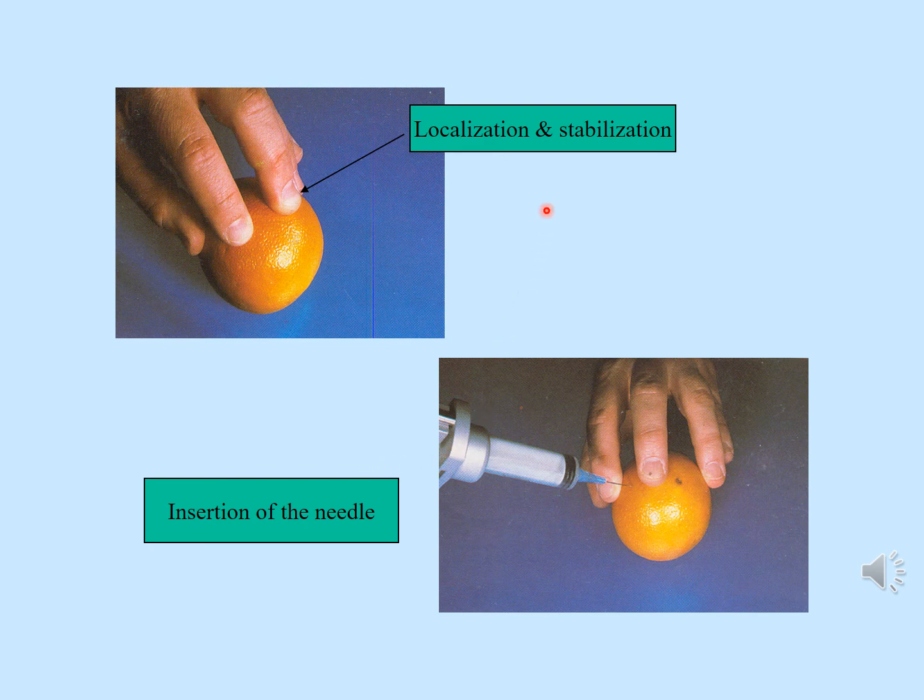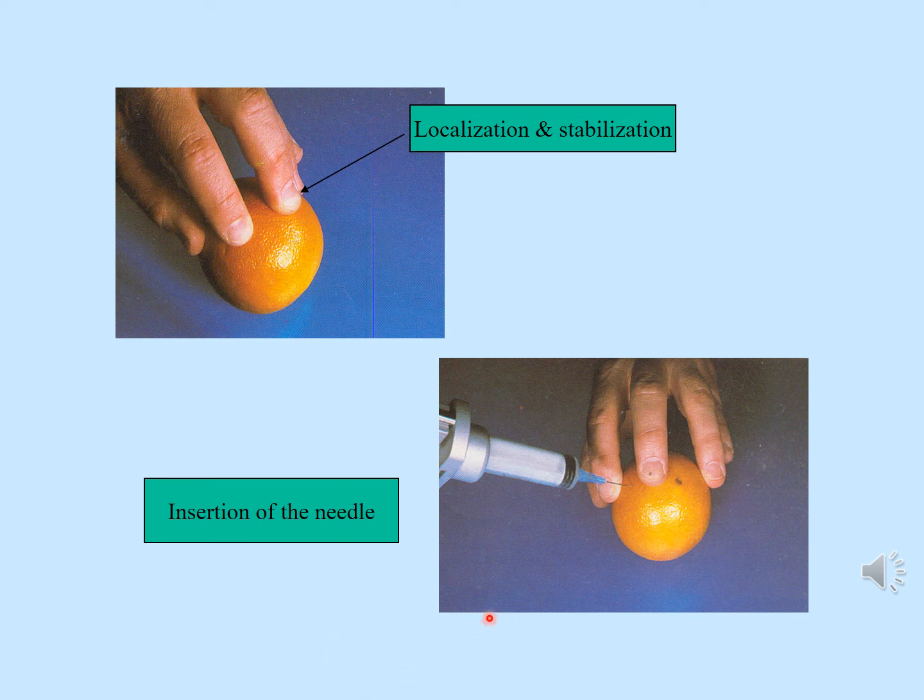Right, so for easy understanding, these are pictures from a textbook. The image that is shown is that of a fruit, an orange, a very commonly available fruit. And when you say localization and stabilization, this is what it means. Basically, you use your hand to stabilize the lesion so that it doesn't move during the procedure.